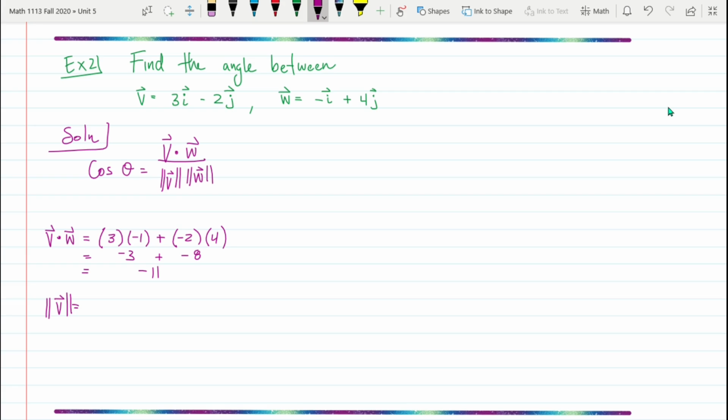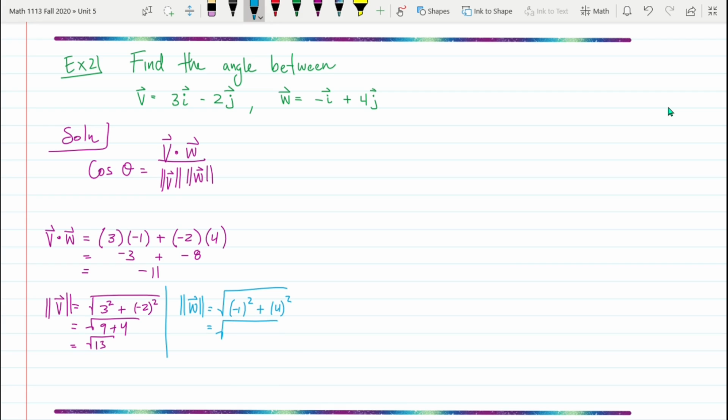So the magnitude of V, so the square root of 3 squared plus -2 squared, and that comes out to be 9 plus 4. So square root of 13, and then the magnitude of W, same thing, square root of -1 squared plus 4 squared. This comes out to be 1 plus 16, so square root of 17.